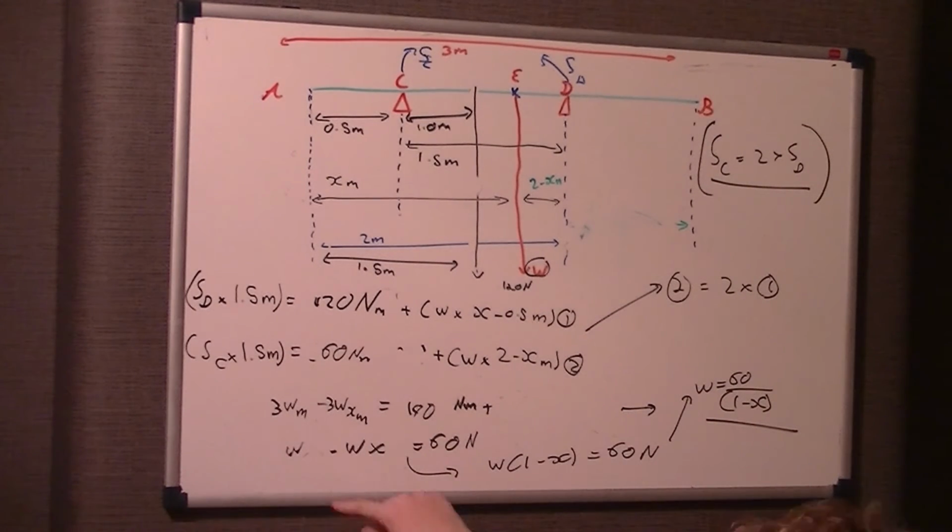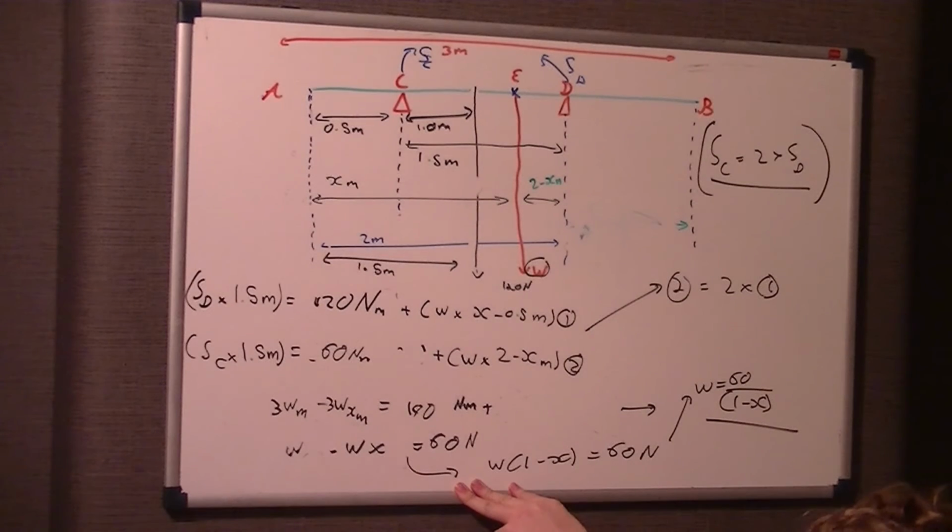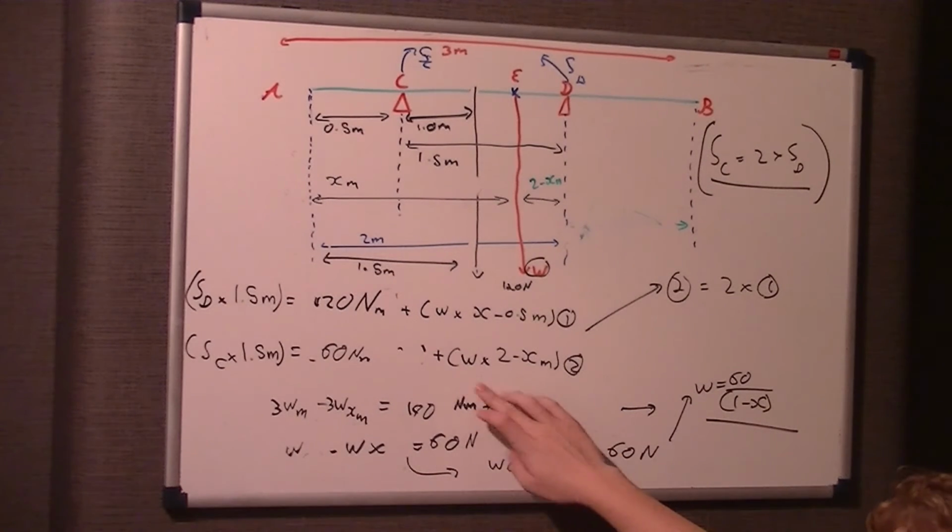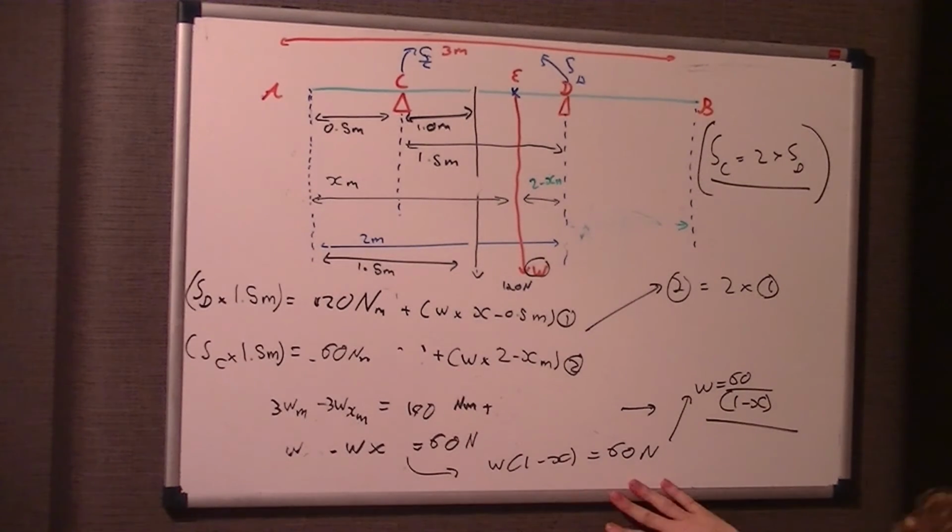When we simplified it down, we just expanded it like normal. So the 2 times W times 2 take X would be 2W times 2 take X, so you expand that as normal. And then we divide it all by 3, because you could get 3 into all of them, and they can remain the same. Factorise the left hand side, because they both had a common factor of W, and we wanted W on its own. Divide both sides by 1 take X, and that got us to the end answer that it wanted. So that's all question 7.